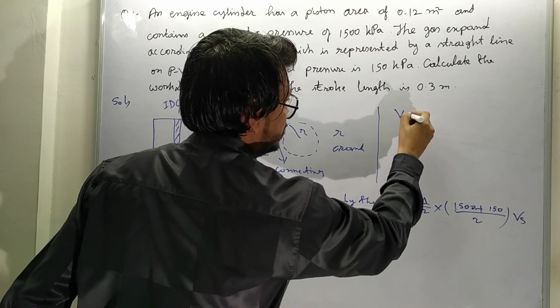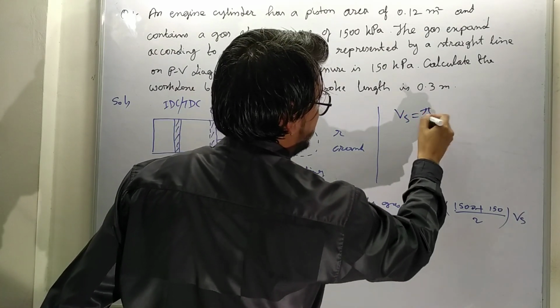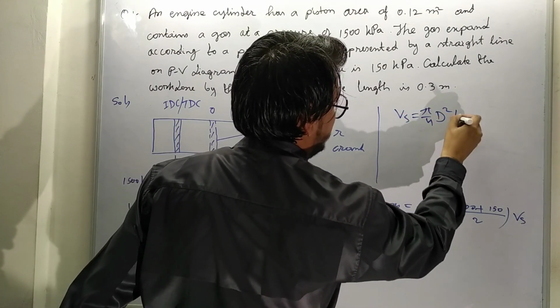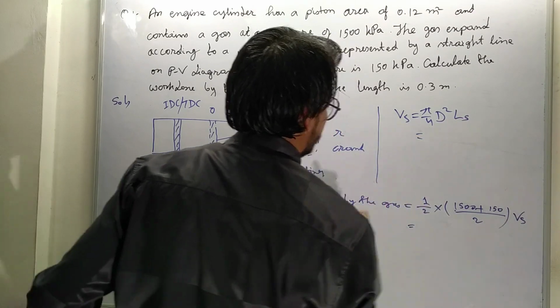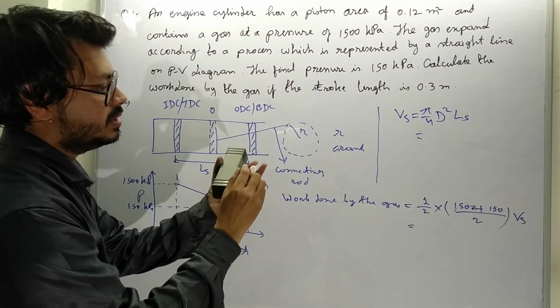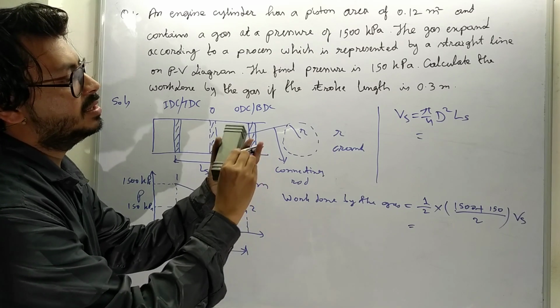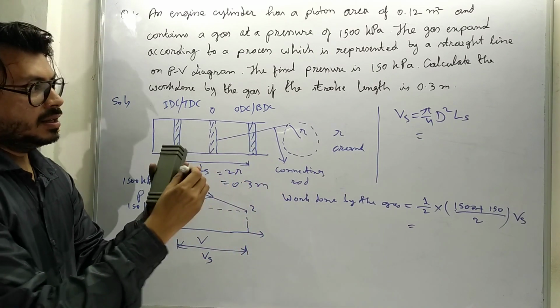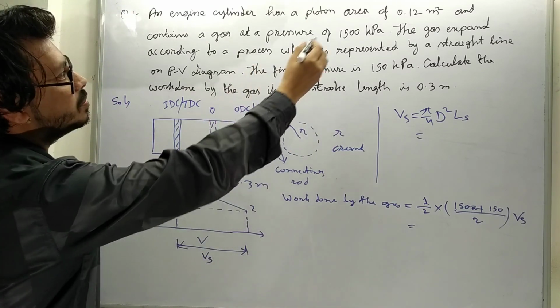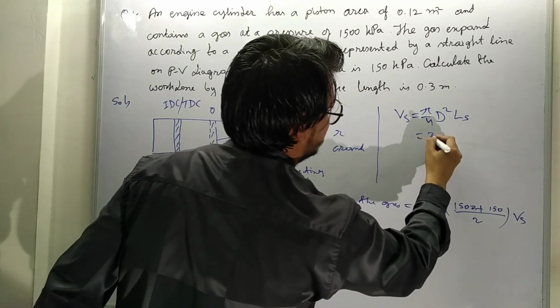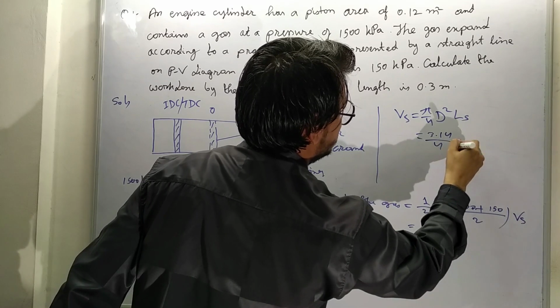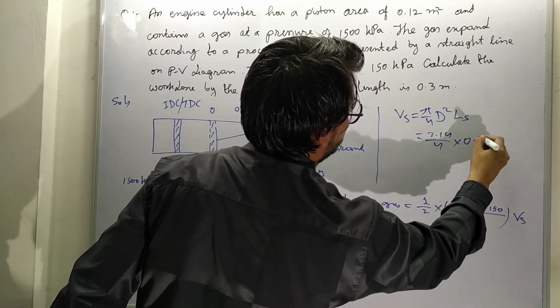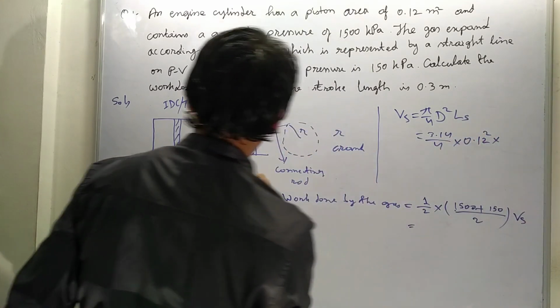This stroke volume is equal to pi by 4 into d square into stroke length, because this is the cross section area and this into stroke length is the volume. So here diameter is given as 0.12, so 3.14 by 4 into 0.12 square into swept length 0.3.